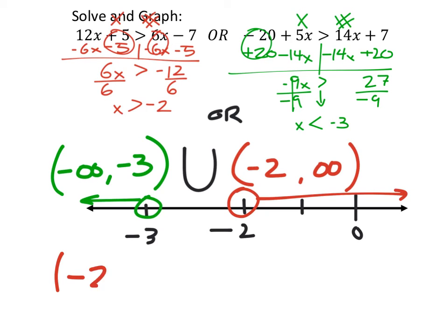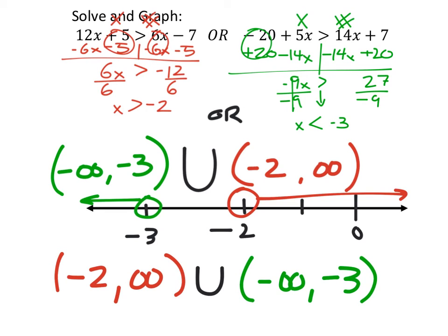So let's say that we wrote the interval like this, with the or statement and the negative infinity to negative 3. This doesn't make sense from a mathematical perspective. I'm not saying it doesn't make sense to you.